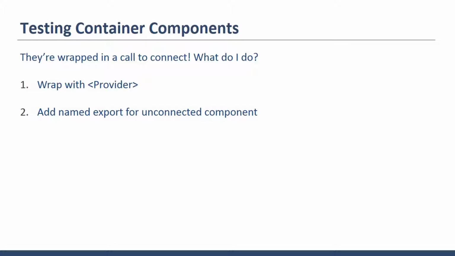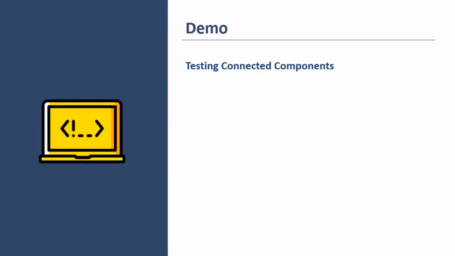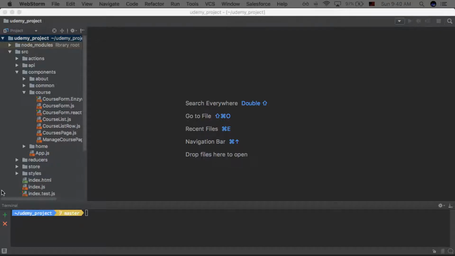But perhaps you don't care about testing Redux-related pieces. If you're merely interested in testing the component's rendering and local state related behaviors, you can simply add a named export for the unconnected plain version of your component. If you forget to do one of those two things when trying to test a container component, you'll at least get a handy error message that guides you in the right direction. Let's go on to test a connected component.